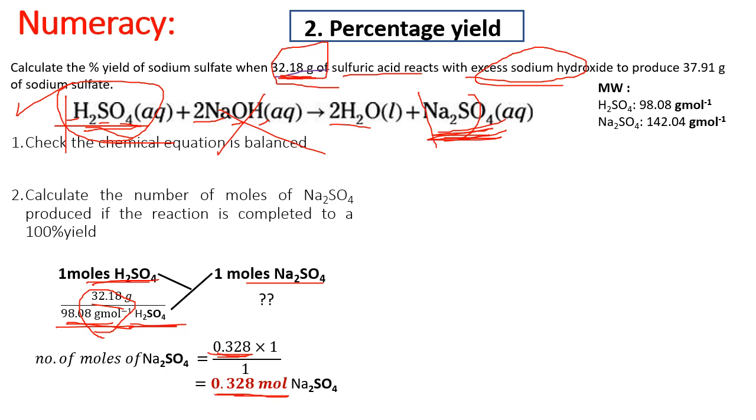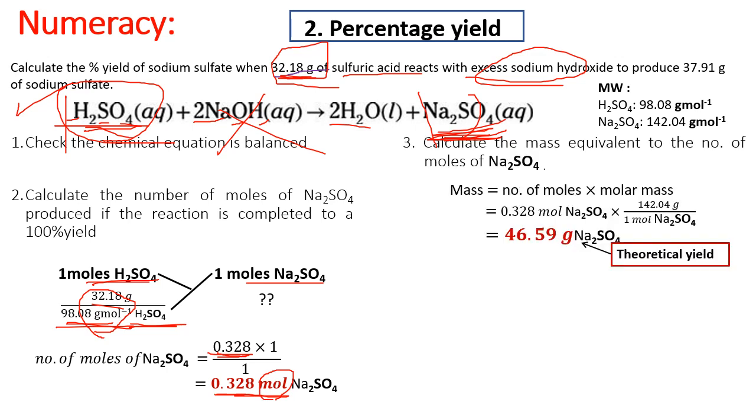Now I have the number of moles, but in order to get the yield, I will need to convert the number of moles into mass. How? The rule says number of moles equals mass over the molar mass. So the mass would be equal to number of moles multiplied by the molar mass. But don't forget, the number of moles is 0.328 and the molar mass now is the molar mass of the sodium sulfate, the one for which you want to calculate the yield.